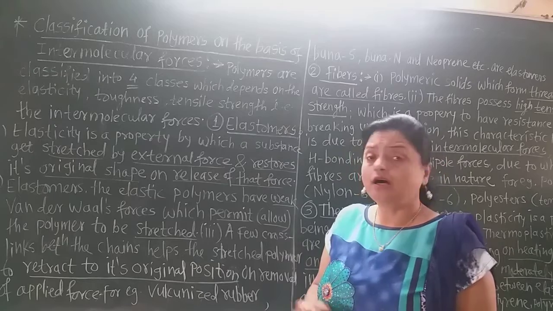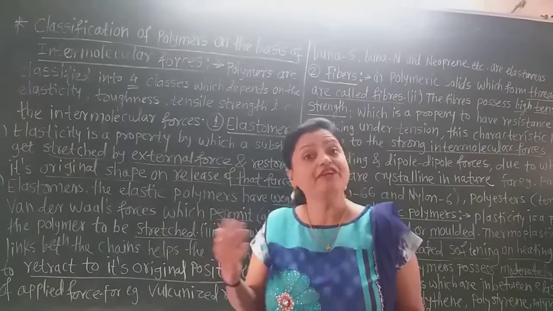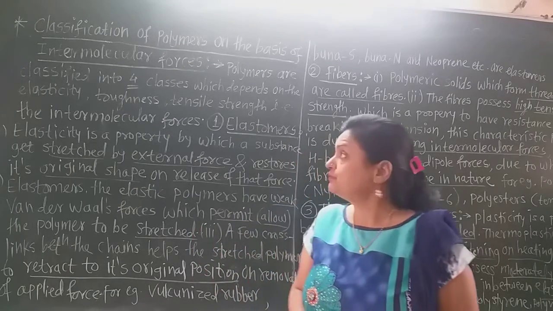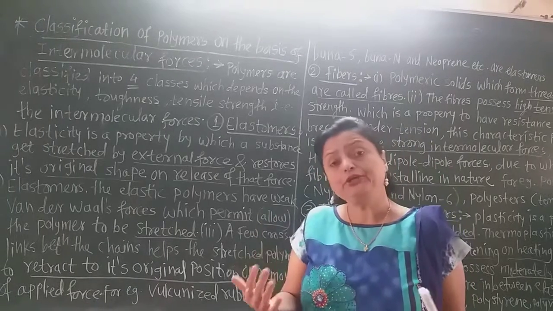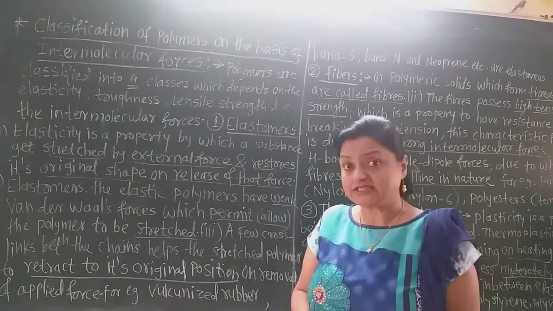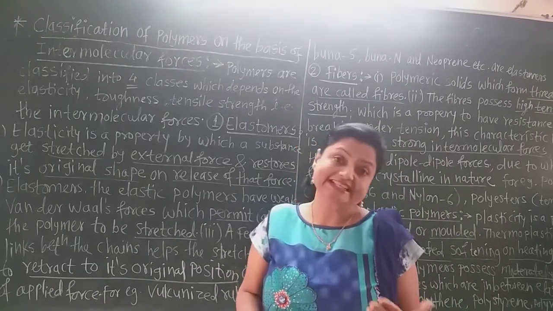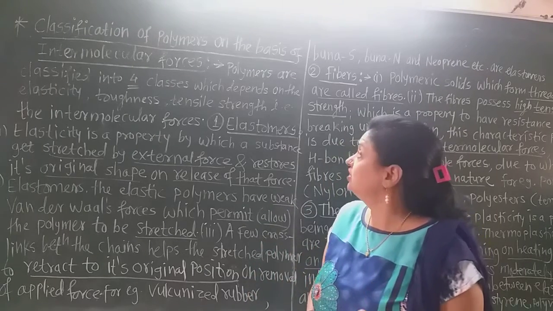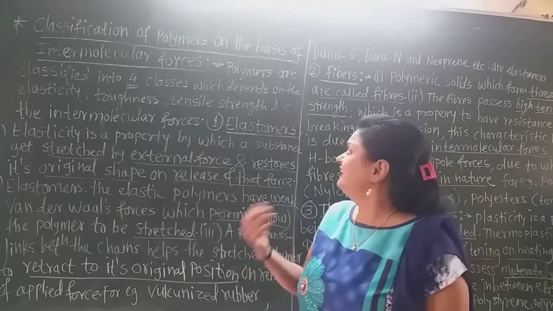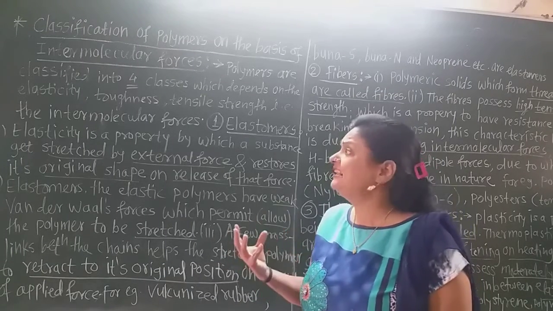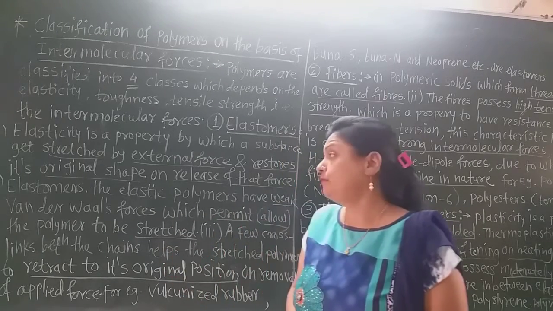Now on the basis of all these forces, these plastics, or the polymers, are of various types. The polymers are classified into four different classes or categories, which depend on the elasticity, the tensile strength, and the toughness of that polymer, and this directly depends on the intermolecular forces present in the polymers.